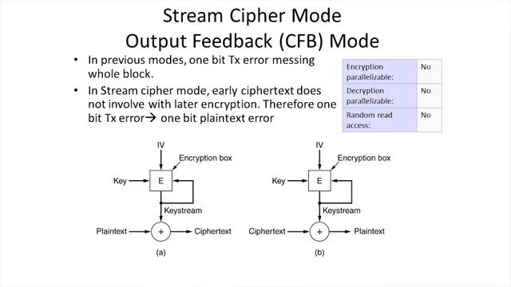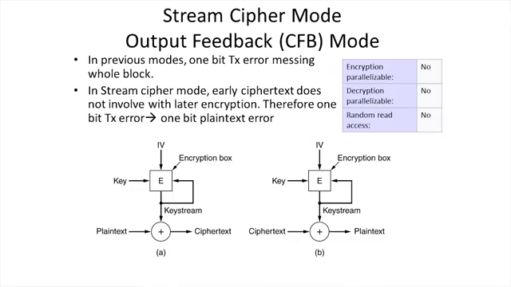With this isolation effect, one bit transmission error only results in one bit plaintext error, and does not garble the whole block. It is much better than the previous mode where the whole block is garbled.